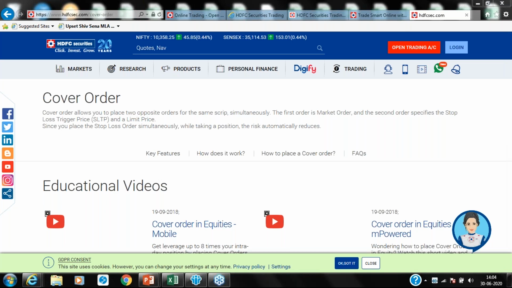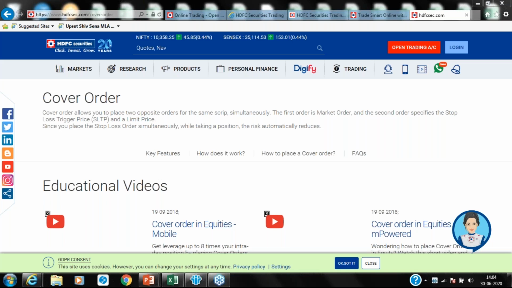We will go through the basics of the cover order, how you can place it, what the benefit is, which clients can use it, and in which kind of market condition or which stocks you can use it, and how you can use it to maximize your profit in any kind of market condition, whether the market goes up or down, in a bullish as well as a bearish market.